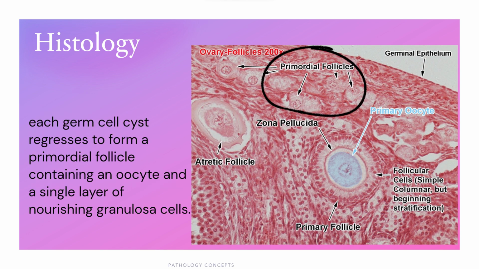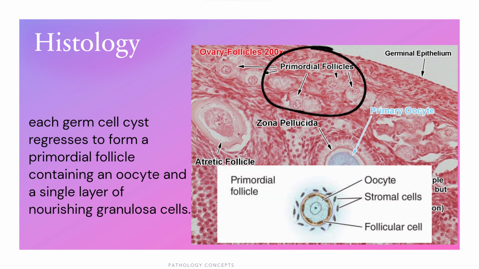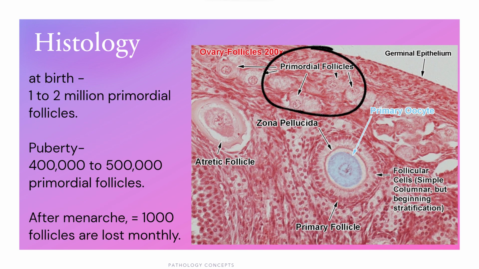Peripartum, each germ cell cyst regresses to form a primordial follicle containing an oocyte and a single layer of nourishing granulosa cells. Many germ cells are lost during this process and the female is born with 1 to 2 million primordial follicles.